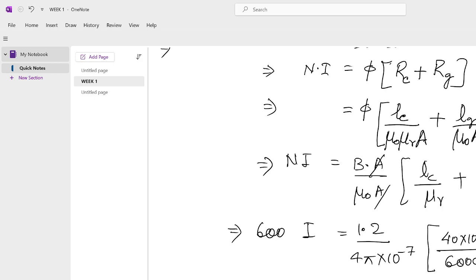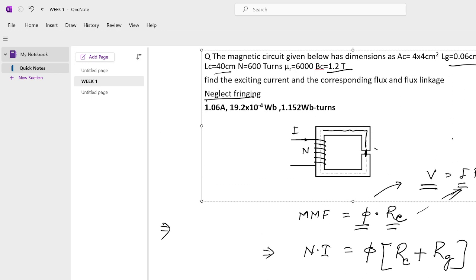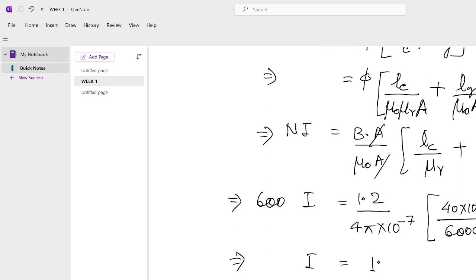Please solve and you can get the I value; I have already provided the answers. It will come as 1.06. Please solve and confirm that you are getting this answer.